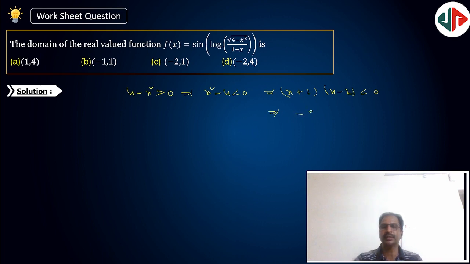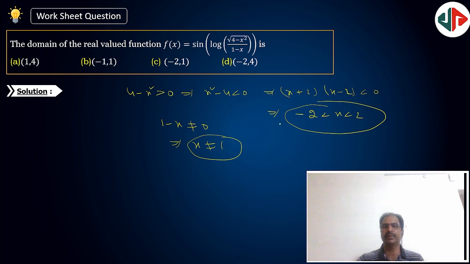From this, x lies between minus 2 and 2. And 1 minus x should not be 0, which means x should not be 1. So x not equal to 1 and x should lie between minus 2 and 2. So what will be the domain? X should lie between minus 2 and 2.